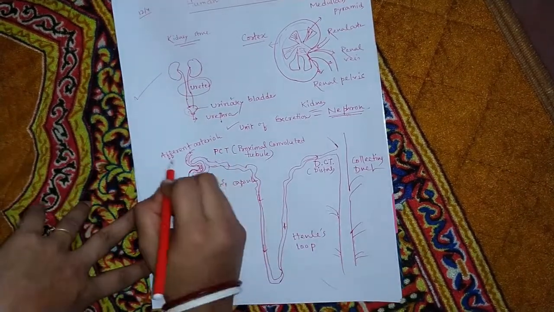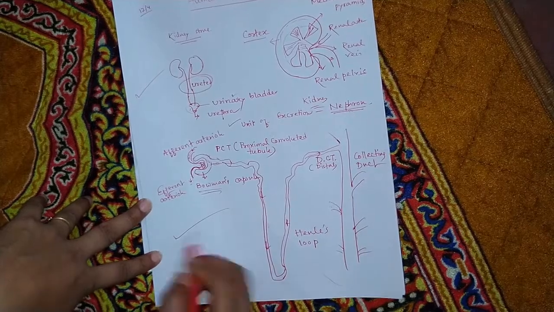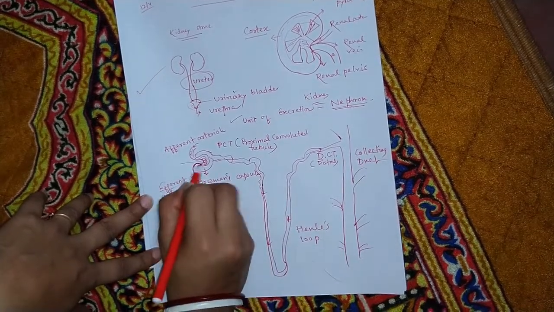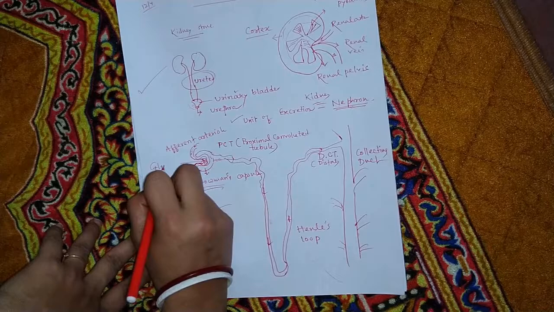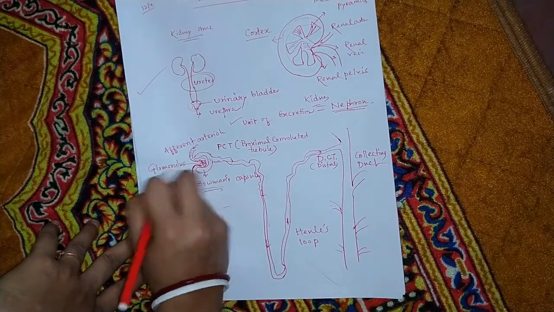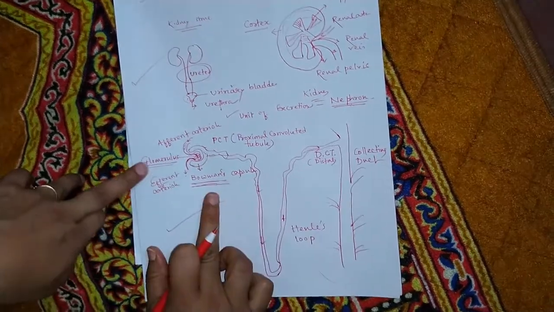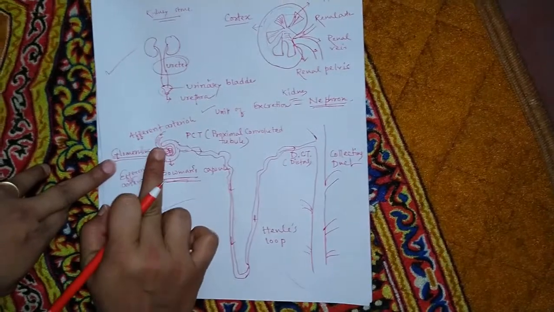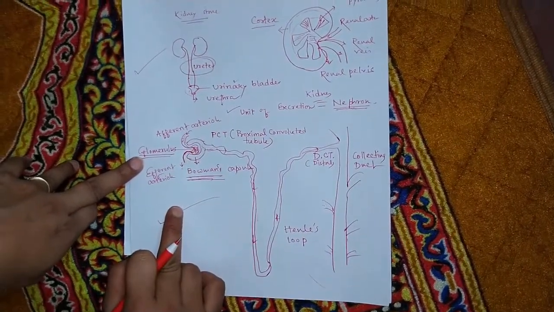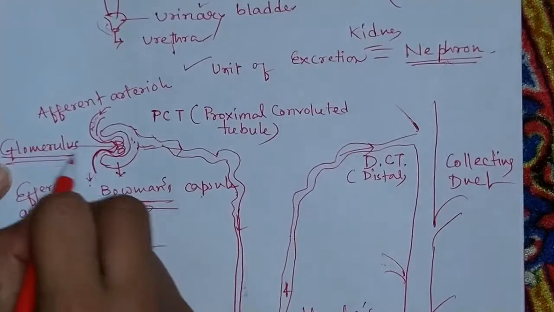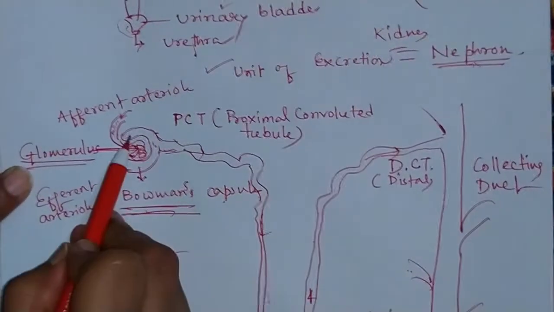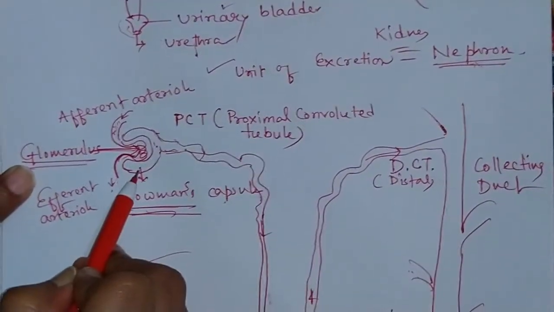Now this Bowman's capsule, and this mesh-like network, its name is glomerulus. What is the glomerulus? The afferent arteriole makes this mesh-like structure. That's the glomerulus. The covering is Bowman's capsule.